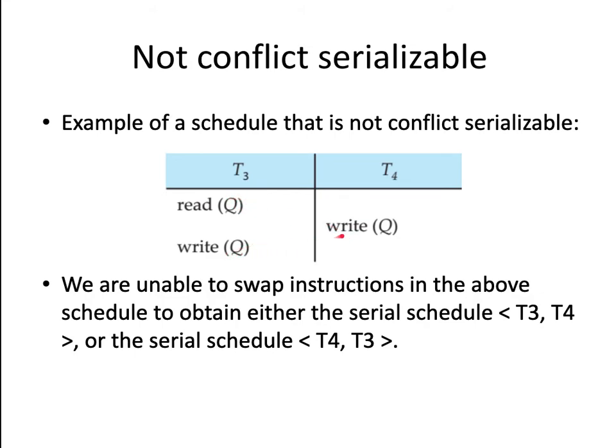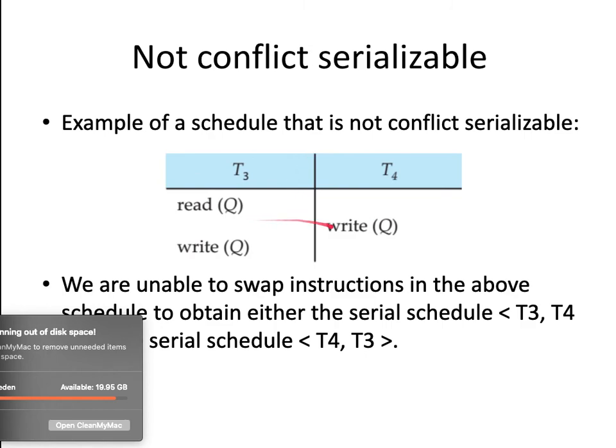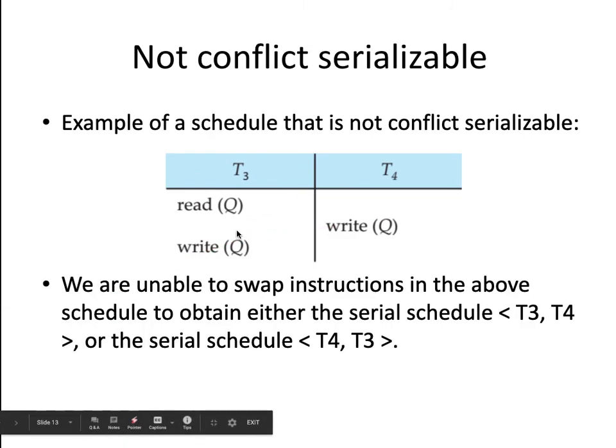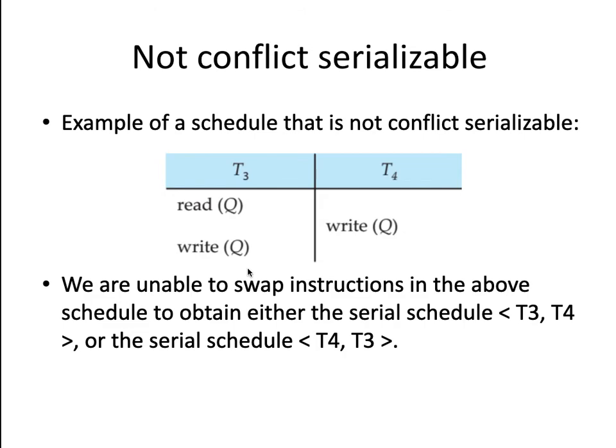Similarly, these two are also conflicting operations, and we cannot change the order. So in this case, we do not have any chance to change the order, and hence it cannot become a serial schedule. We cannot swap because we do not have any non-conflicting instructions, so it cannot be converted to any serial schedule, T3 followed by T4 or T4 followed by T3. So this is not conflict serializable.